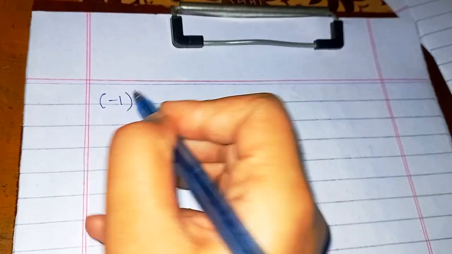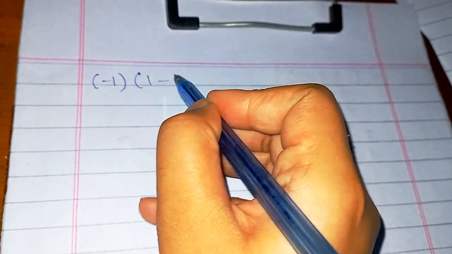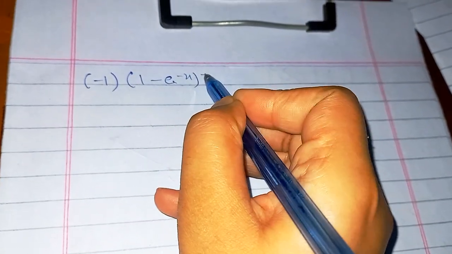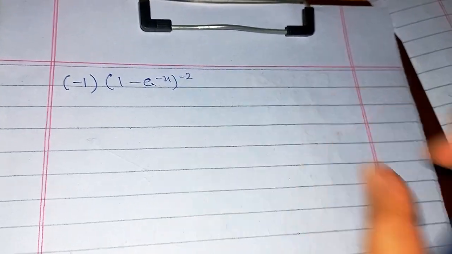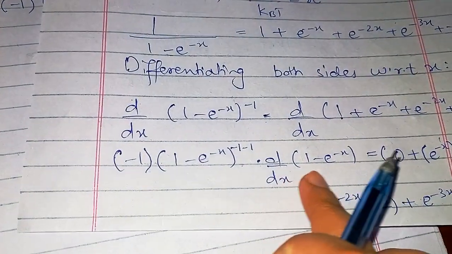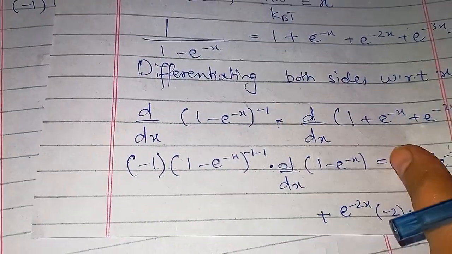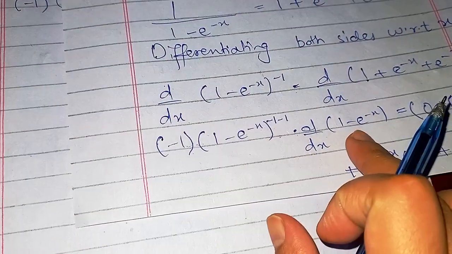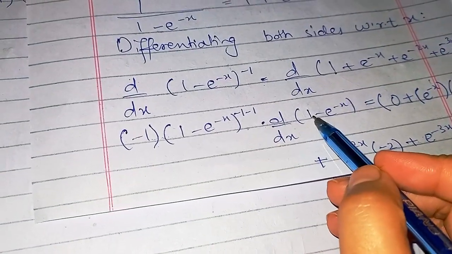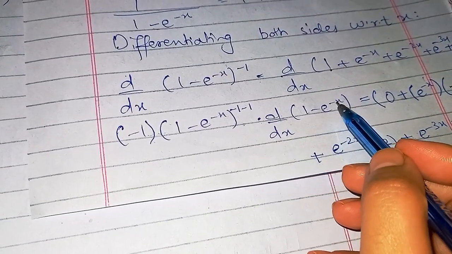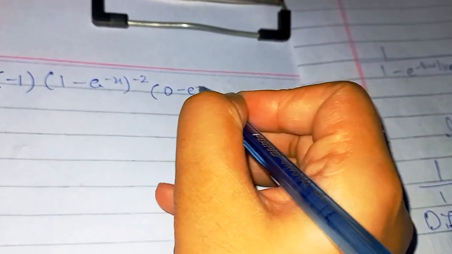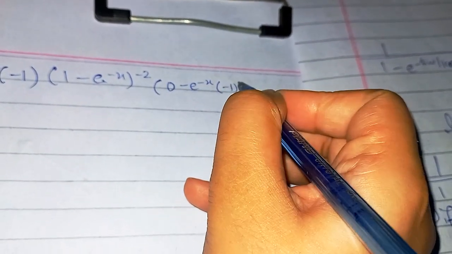So we can write minus 1 minus e to the power minus x, whole power minus 2, and we have d by dx of 1 minus e to the power minus x. So the derivative will be applied inside. The derivative of 1 is 0, minus the derivative of e to the power minus x is this.